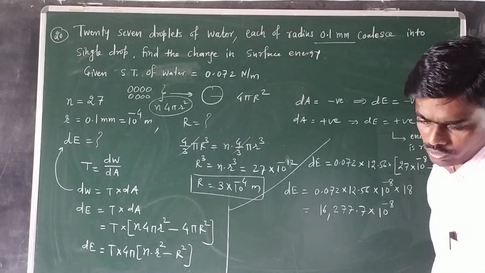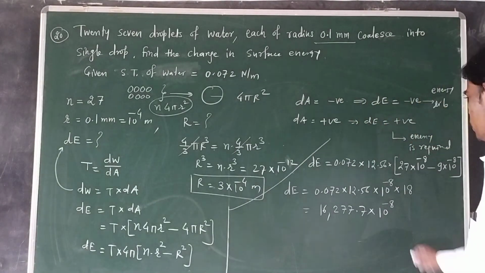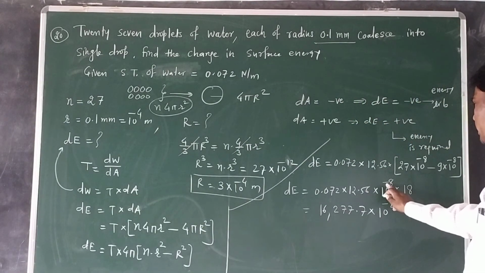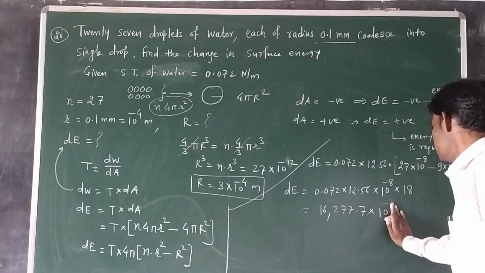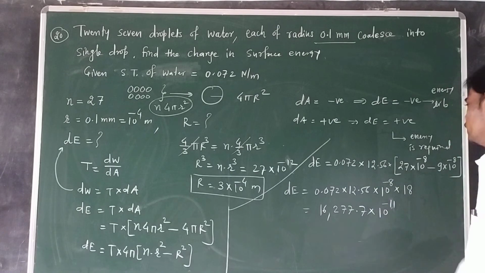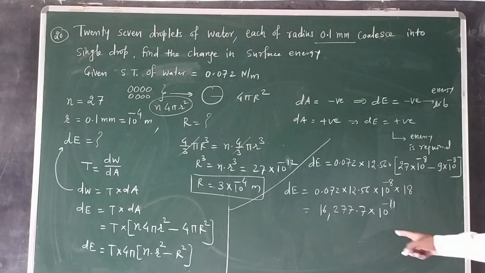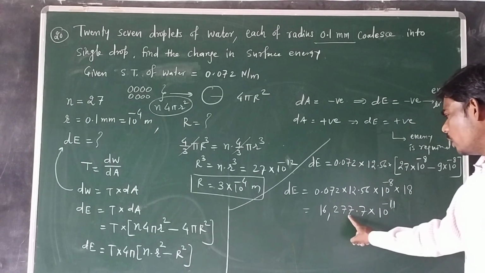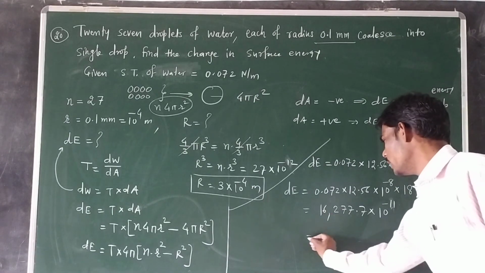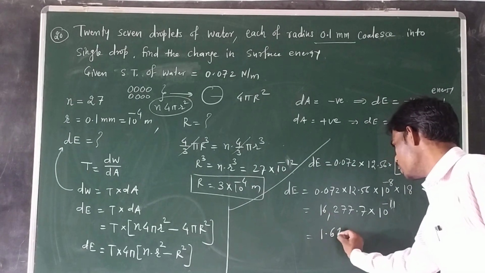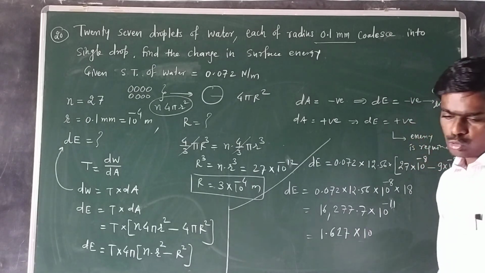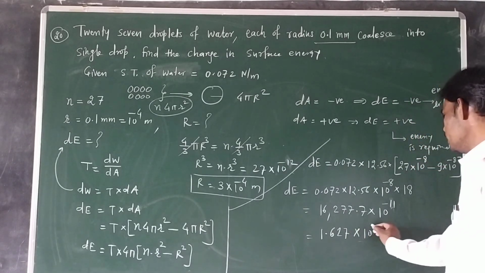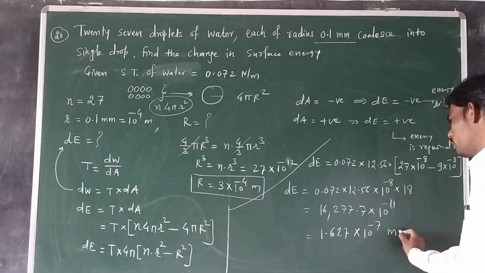So it becomes 10 raised to power minus 8, here it is minus 4, giving 1.627 into 10 raised to power minus 7 meter.